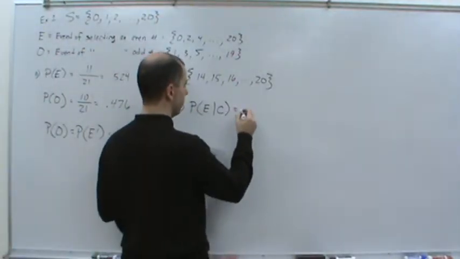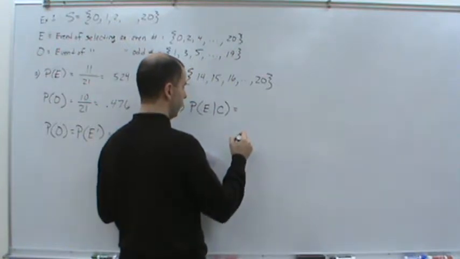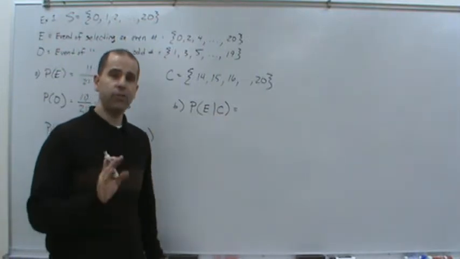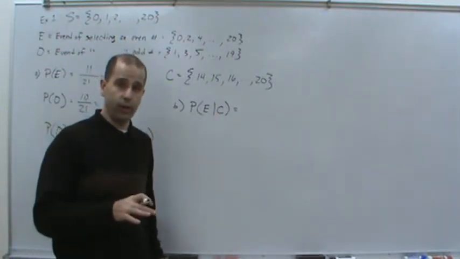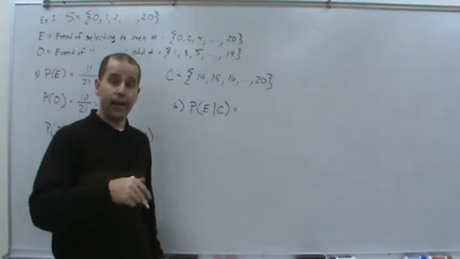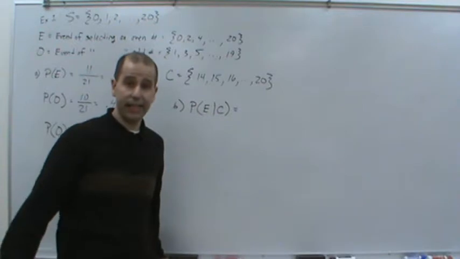So how do we do this? Well, let's just apply the definition. Okay. Well, actually, no. Before we do that, let's just think about it. If I know that C has occurred, then what does that tell me? It tells me that I know that I got a number that's bigger than 13.